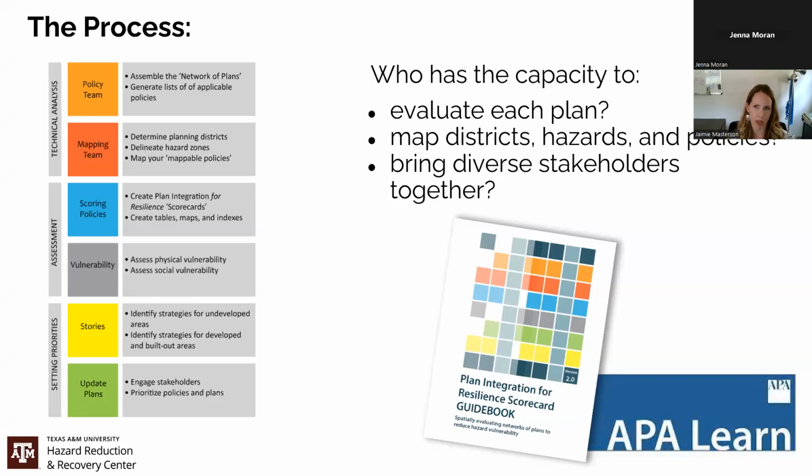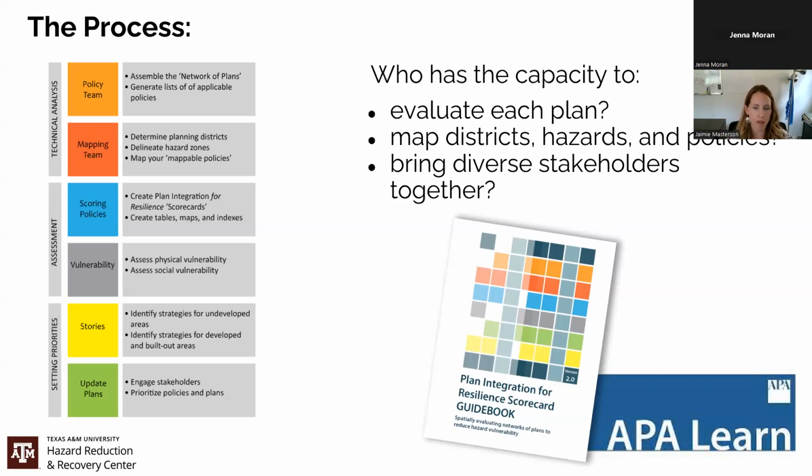So as you think about the different plans in your community, who is responsible for those plans and who has a hand in implementing those and seeing them through? Those are the folks that you want involved and to have conversations with, and you want them, across agencies, to evaluate these different plans.